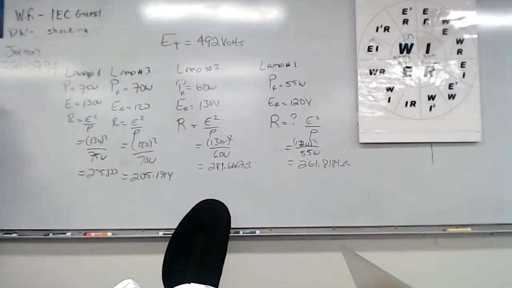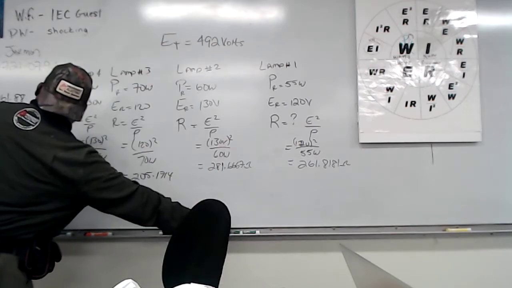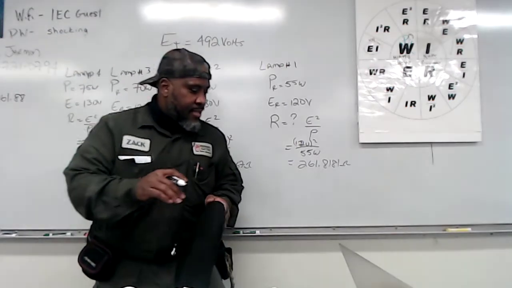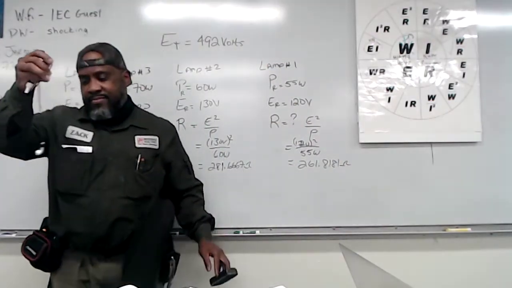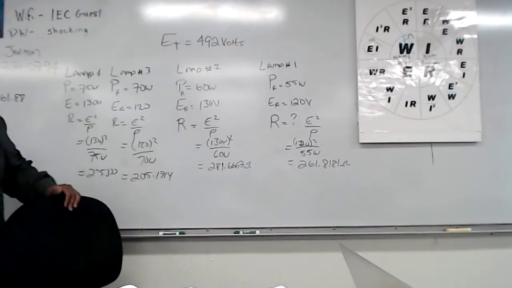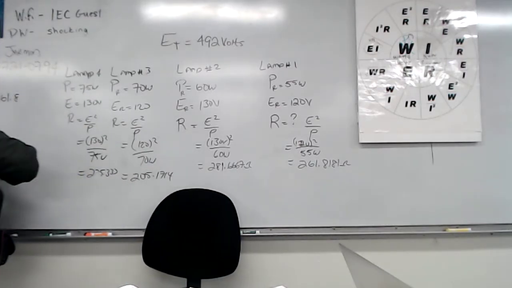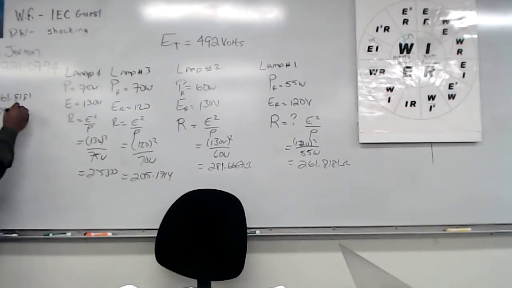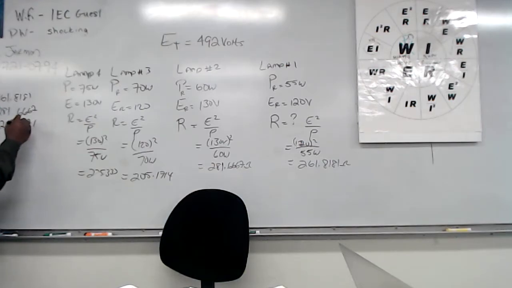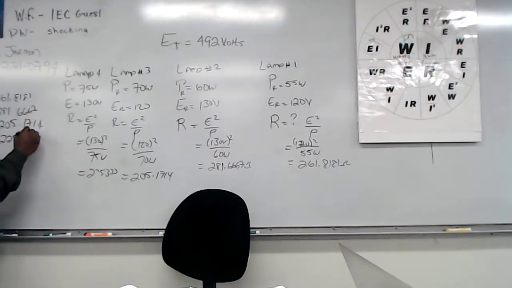RT equals lamp 1 is 261.8181, plus 281.6667, plus 205.7143, plus 225.3333.